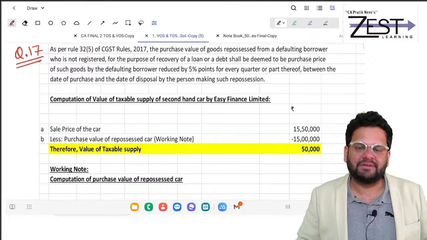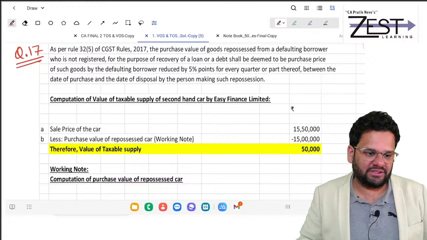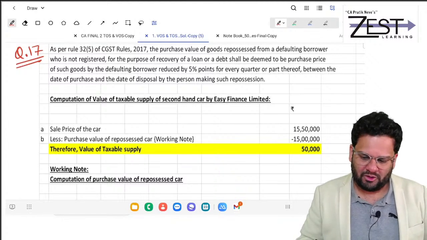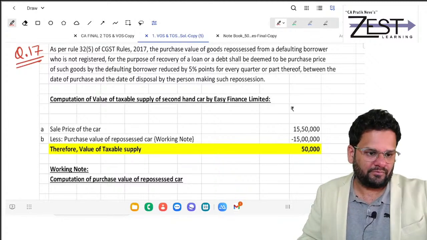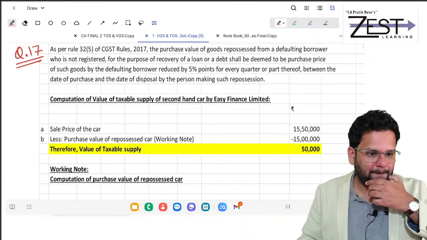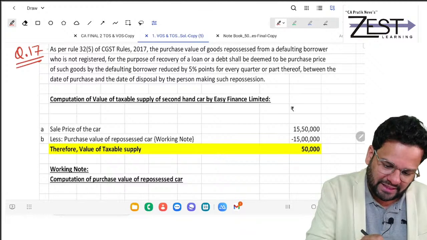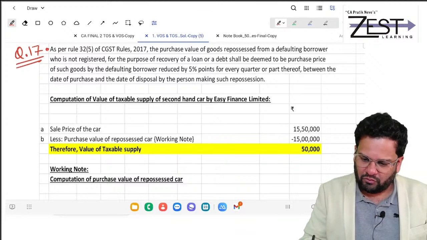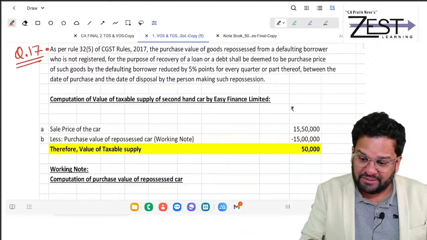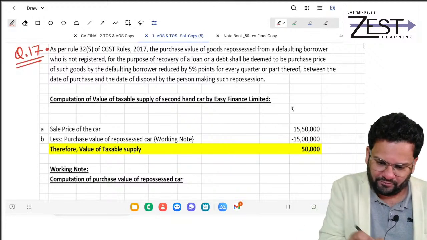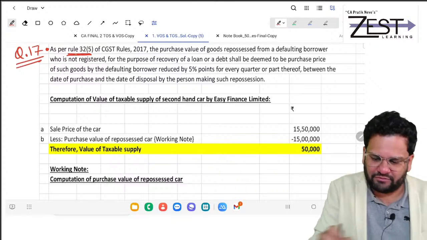Yes. So are you now doing the presentation? All of you? First, write the para on what should be the deemed purchase cost as per 32.5.